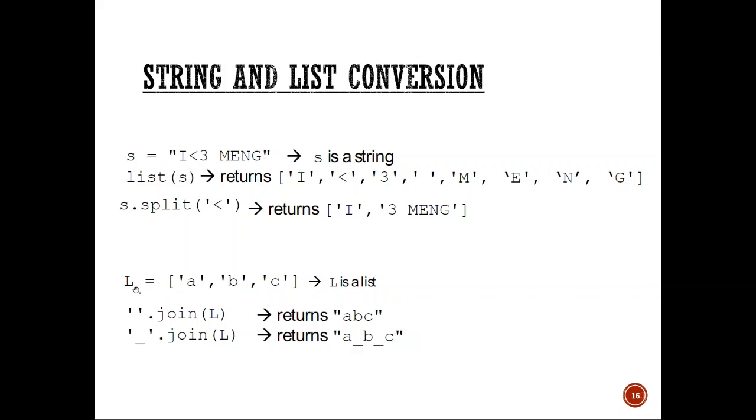Now here, if we have L to be this list of characters, we can join this list into one unified string, and this will return this string. Or we can define a new character to be the separator between the elements of the list. So if we here use the underscore, this is the output.